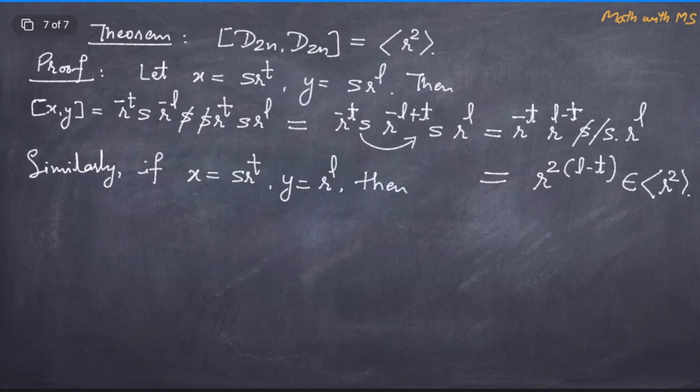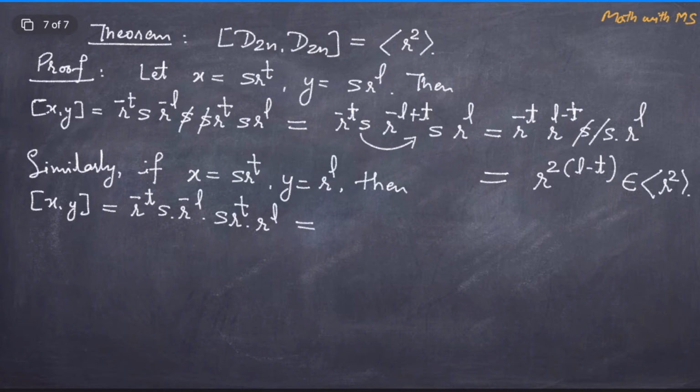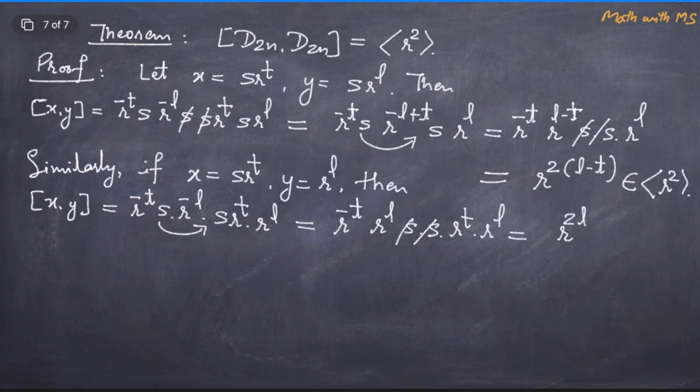The commutator of xy is of the form R to the power minus t into S R to the power minus L S into R to the power t and R to the power L. Again we bring this S together, so it is R to the power minus t R to the power L into S R to the power t into R to the power L. This gets cancelled and this is the same as R to the power 2L, which again belongs to the subgroup generated by R square.